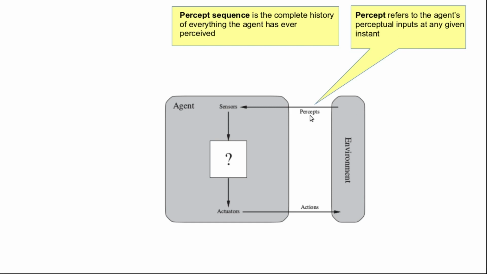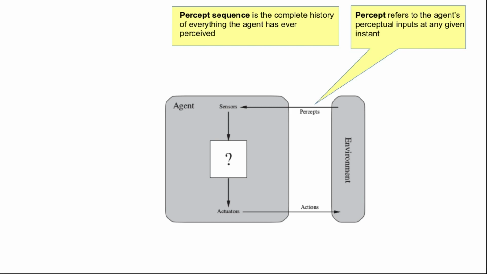Now at the next time instant, the percept may be that the right turn is 15 feet ahead. So it has come closer to the right turn, and we also see some speed breaker.